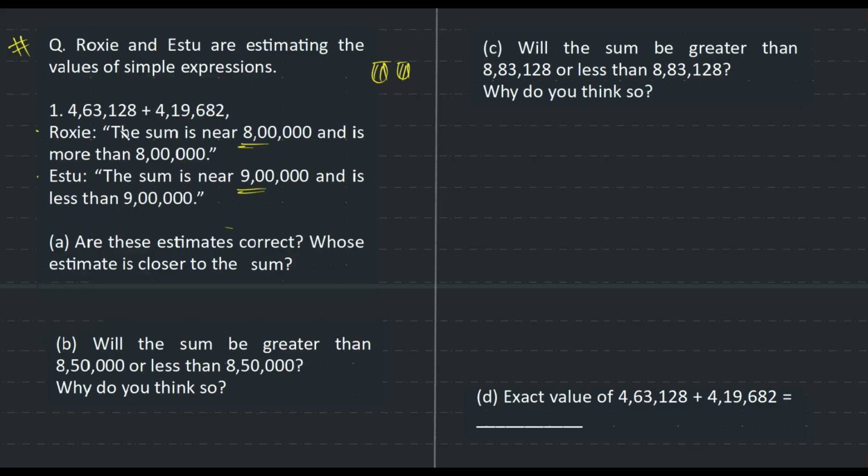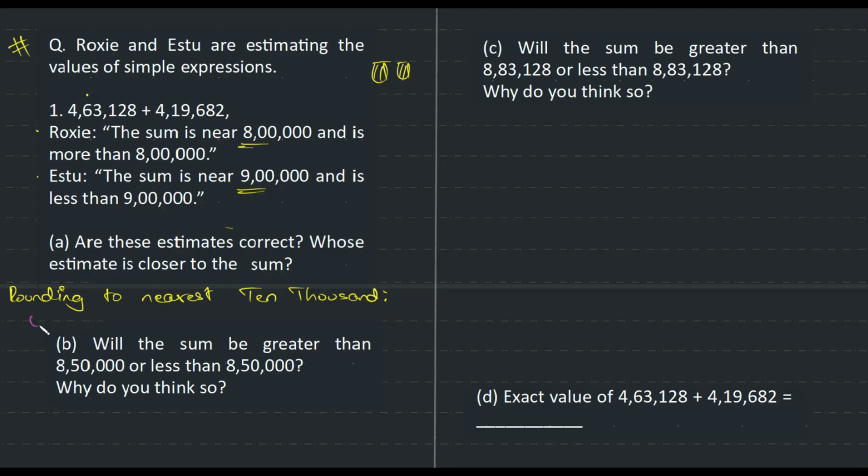Let's approximate to nearest lakh. Okay, no, 10,000. So let me do that. Rounding off to, I don't have space. Let's round to nearest 10,000.